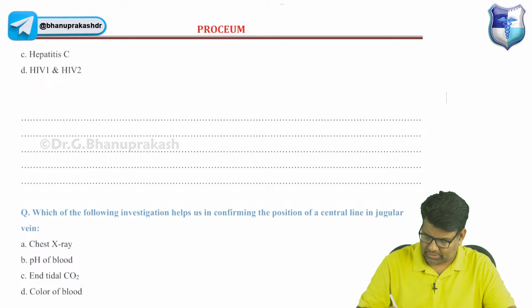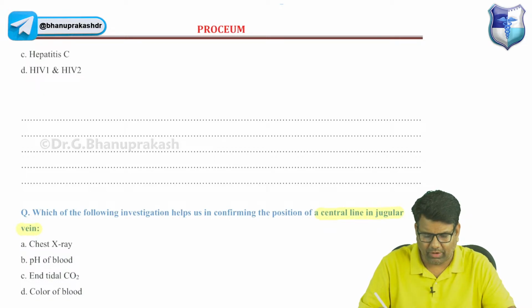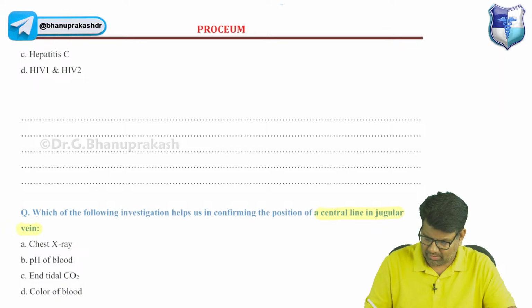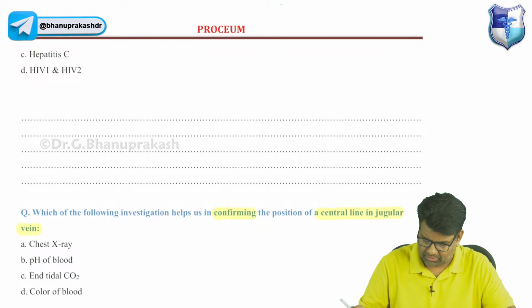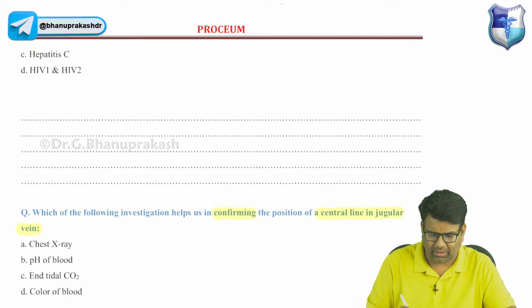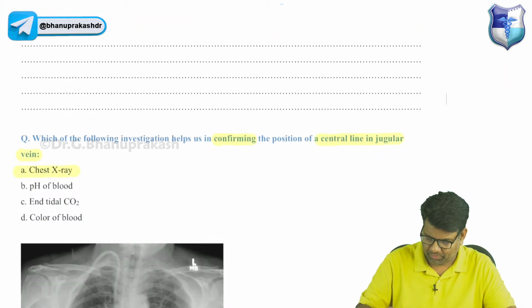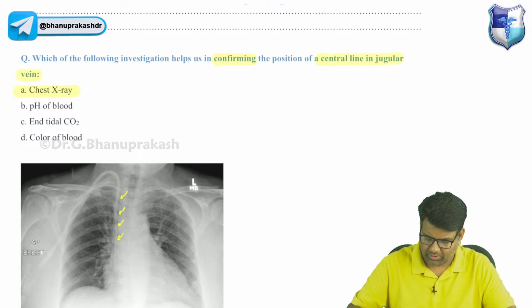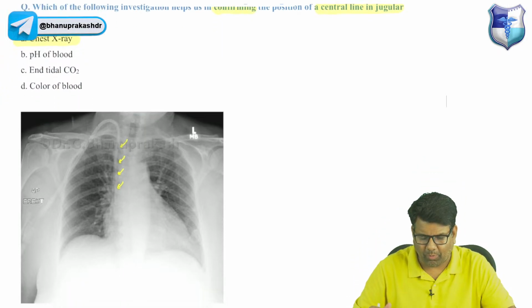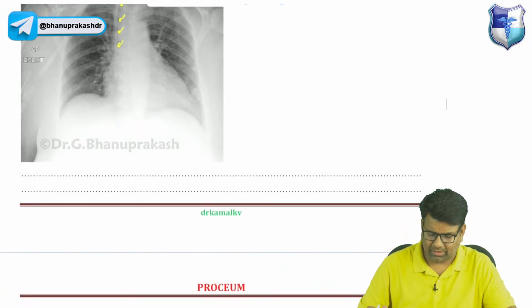If a central line has been put in the internal jugular vein, which investigation will help us to confirm that the line is well in place? So this chest X-ray. Here you can see. Okay, so this is proper placement on chest X-ray.